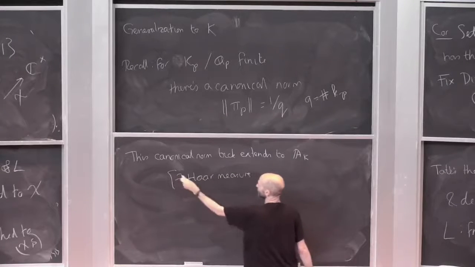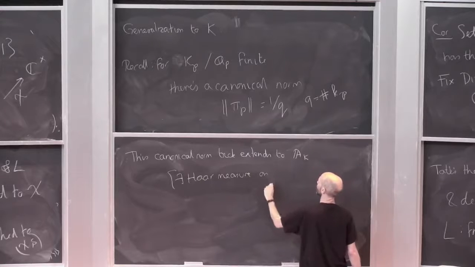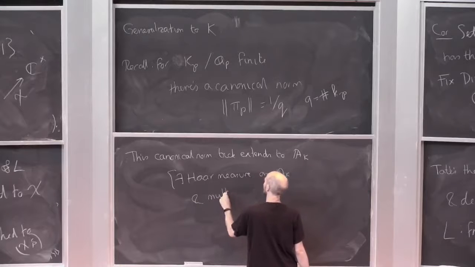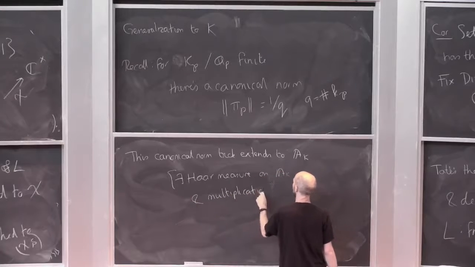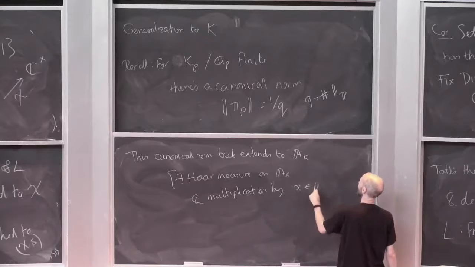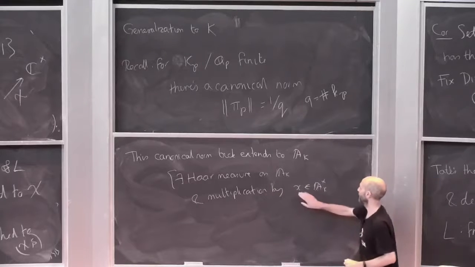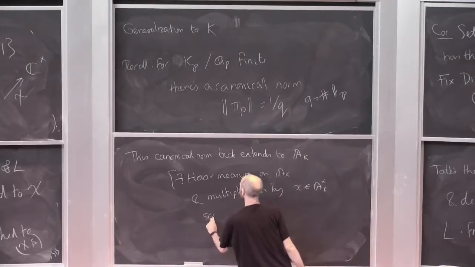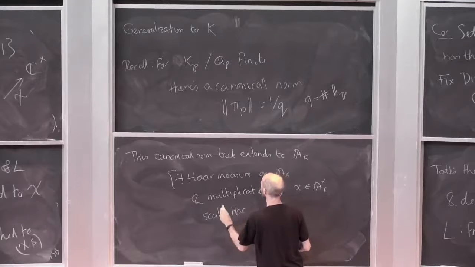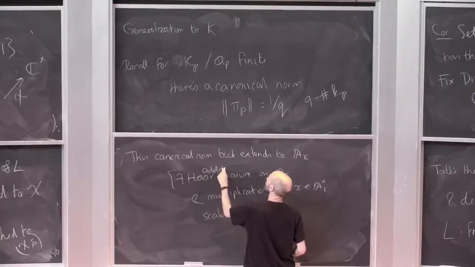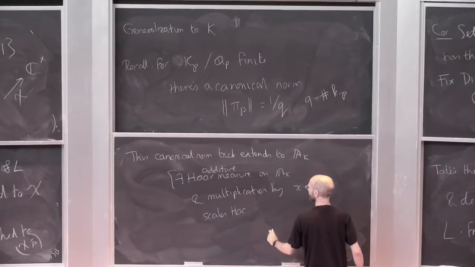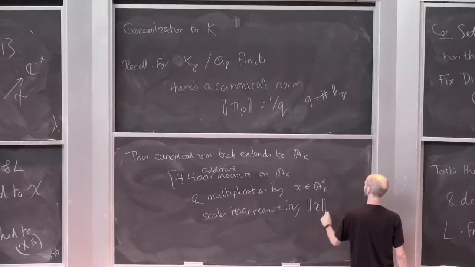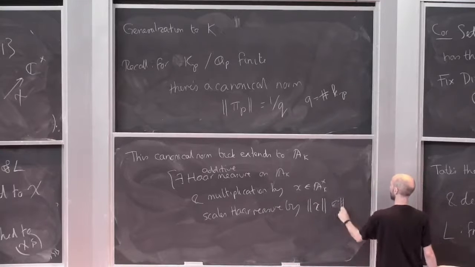It doesn't matter if you don't understand this, there exists a Haar measure on the adeles of K, and multiplication by some random element x in the adeles gives me a map from A_K to A_K, and it scales the Haar measure. This is an additive Haar measure. Multiplication by this thing scales the additive Haar measure by a canonical norm, and that's a positive real number.